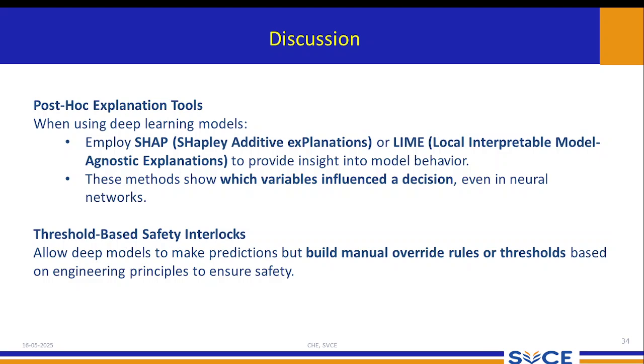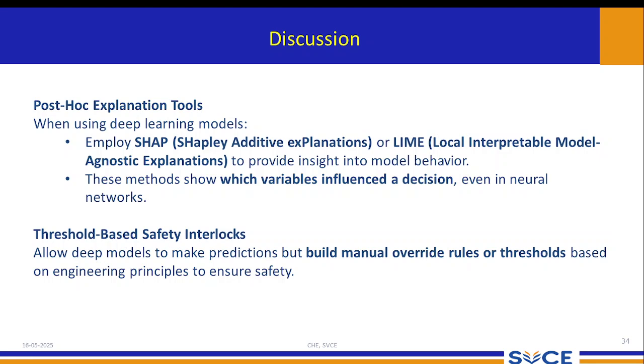So the explanation goes like this: perturb the input. LIME starts by perturbing the input data point, for example, slightly changing an image, modifying text, or altering the features in tabular data. Get predictions. It then feeds this perturbed input into the black box model and observes the resulting prediction. Weight the perturbations.